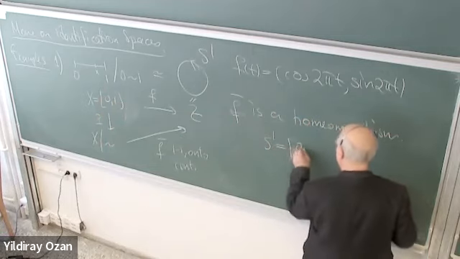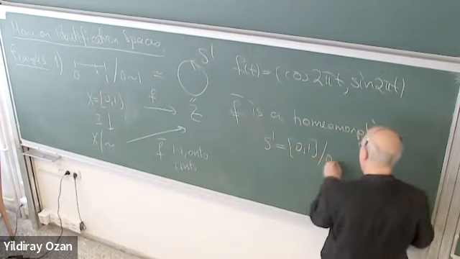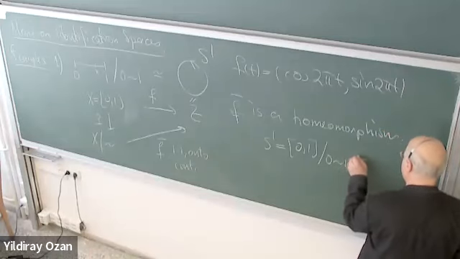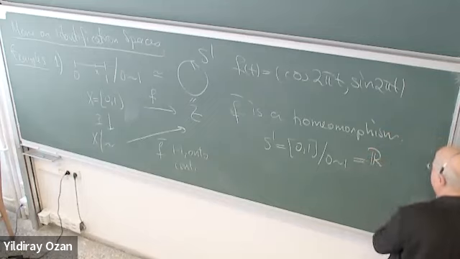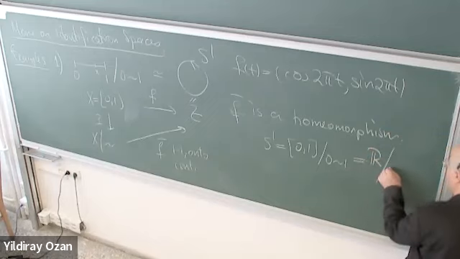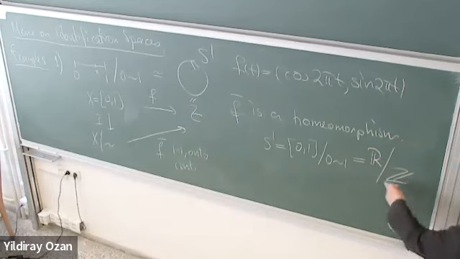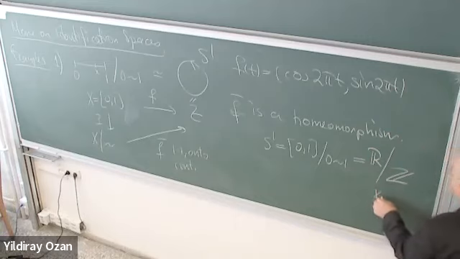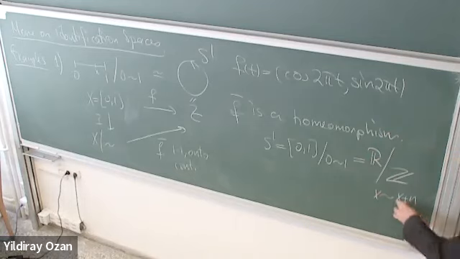So this is 0, 1 divided by this relation, or you may regard this as follows. This is just the real line divided by integers. What we mean here with this is the following. Here, this means you identify any real number with x plus n, where n is an integer.